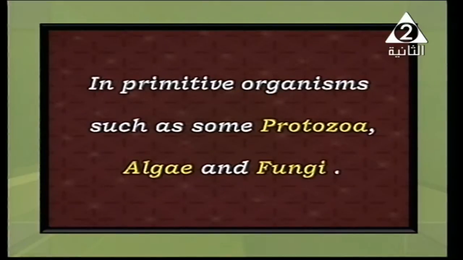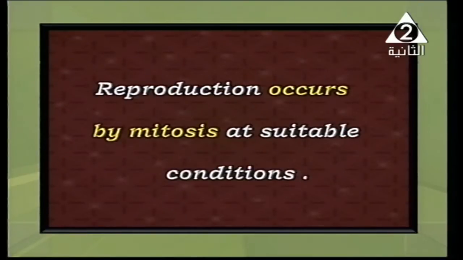Sexual reproduction by conjugation happens in primitive organisms like protozoa, algae and fungi. We also have an example here for some algae. In this type of reproduction, it occurs by mitosis at suitable conditions.